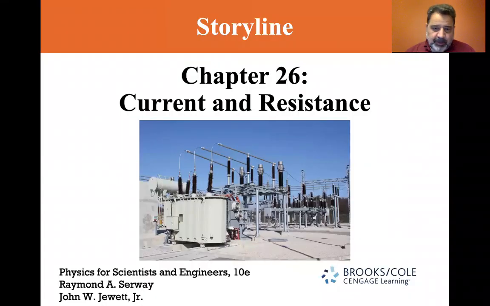They start off with a substation. I'm sure you probably drive past one, or you've seen them along the road. It's our distribution center for urban and suburban areas, on how to get electricity into your house.